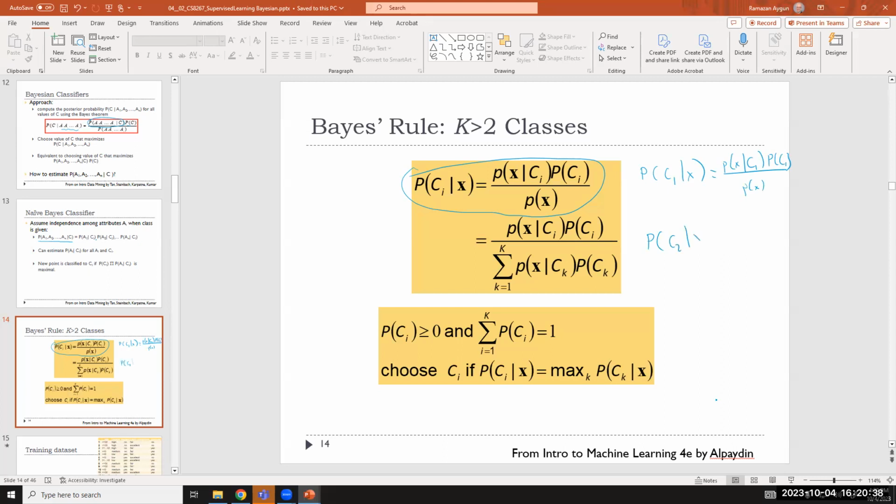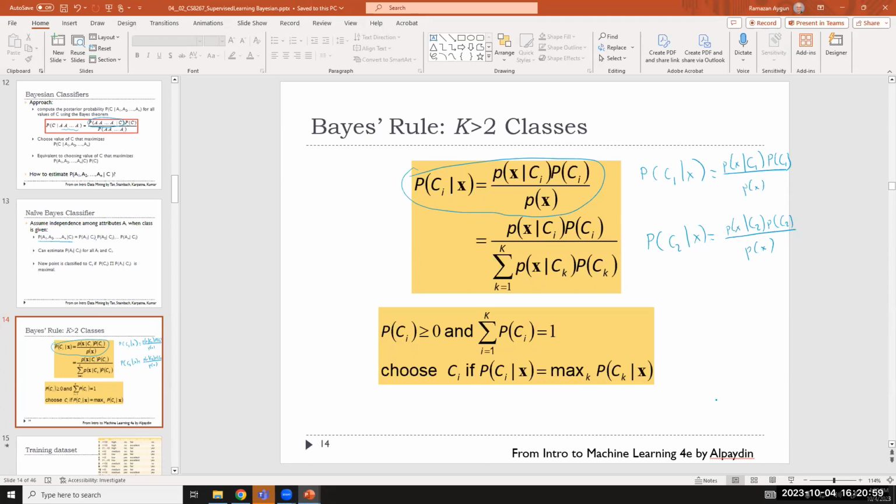And you need to compute the same for class 2: the probability of X given C2, times the probability of C2, divided by the probability of X. Then you pick the class that has the higher probability.